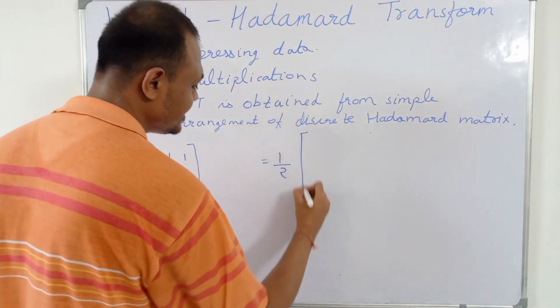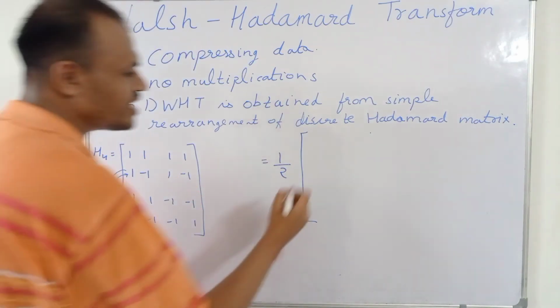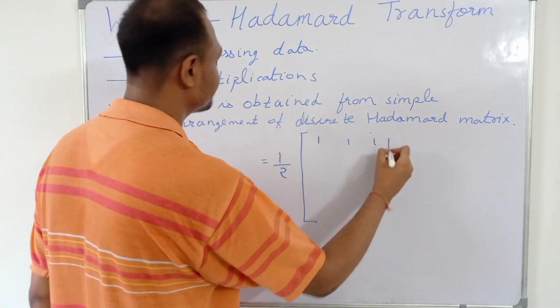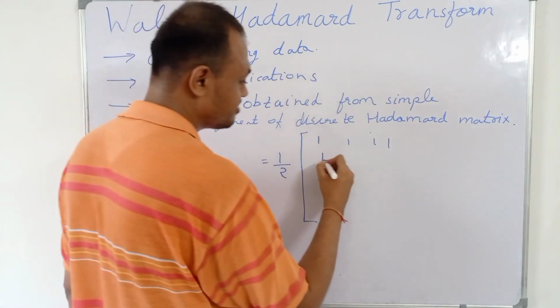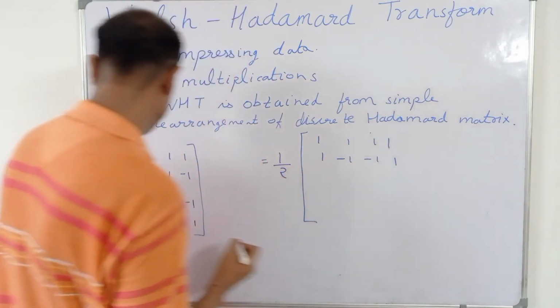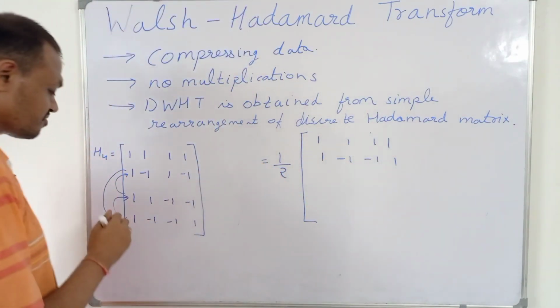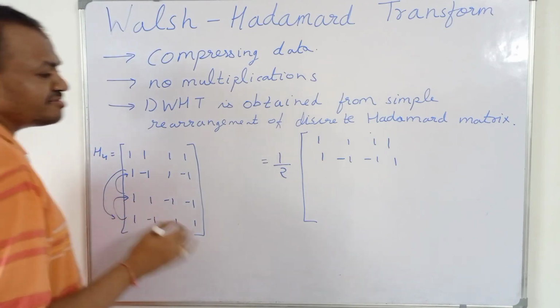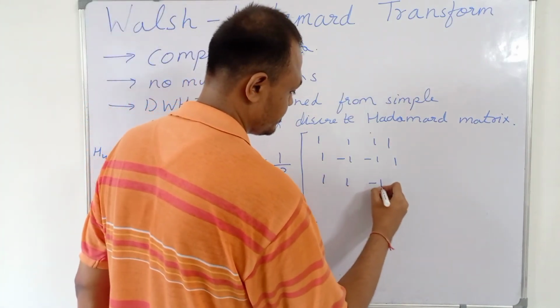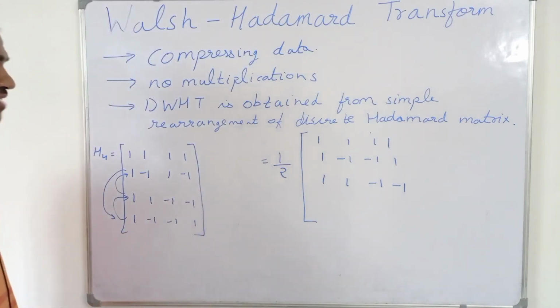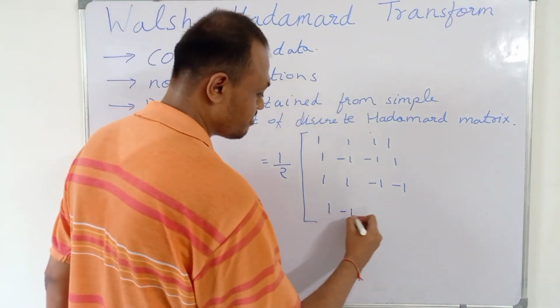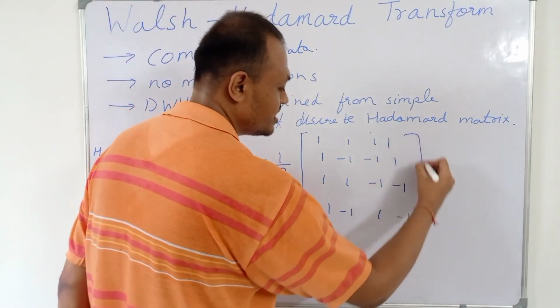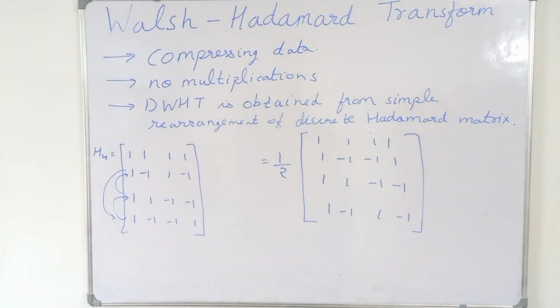So the DWHT of order 4 is equal to, first row the same, 1 1 1 1, then 1 minus 1 minus 1 1, then 1 1 minus 1 minus 1, and finally 1 minus 1 1 minus 1. So this is the discrete Walsh-Hadamard transform for order 4.